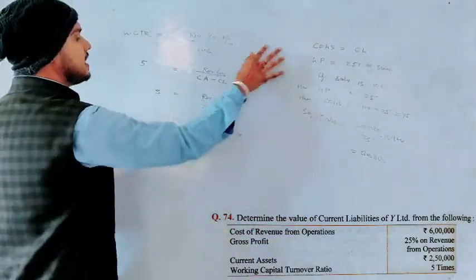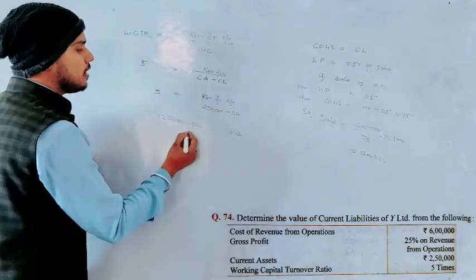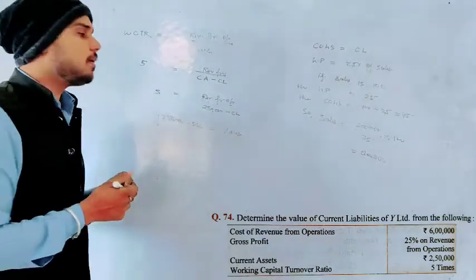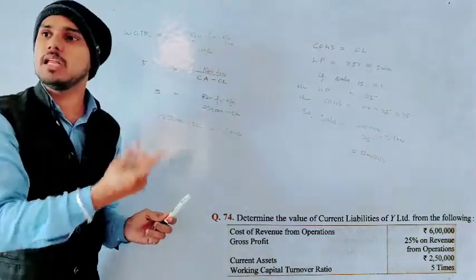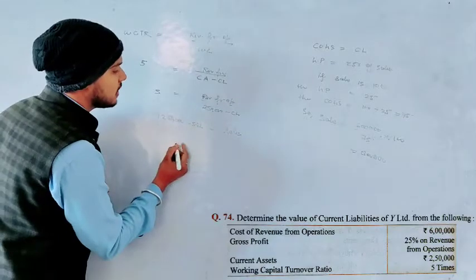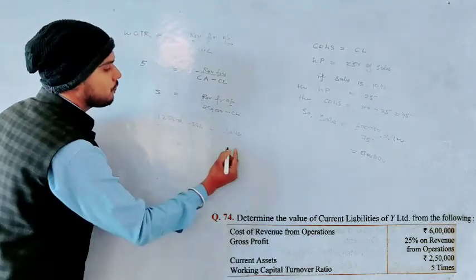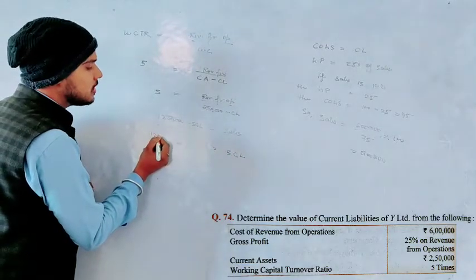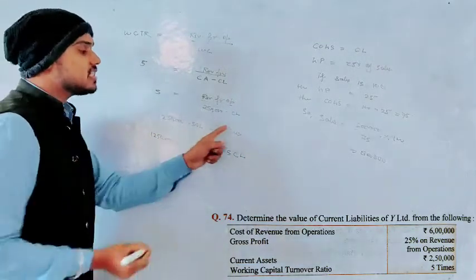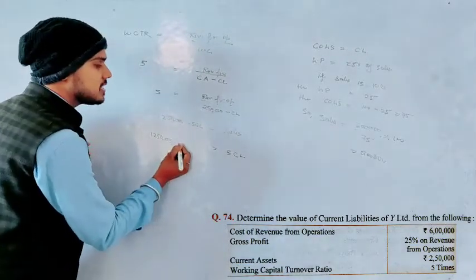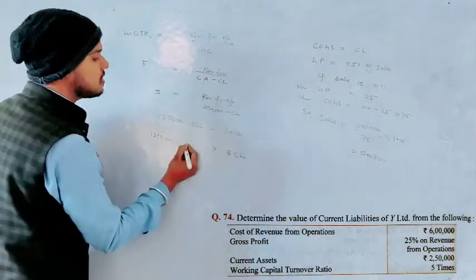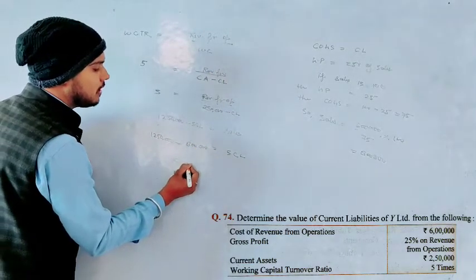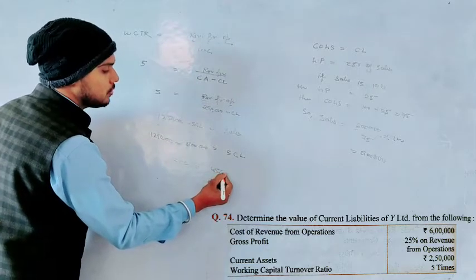Now we can write sales here. We know these things. If we transfer the 5 current liability from the minus side, it will be plus on the other side. So we can write 5 current liability equals 12,50,000, and the sale is transferred to the other side as minus sales, and sales is 8 lakh, as we calculated. So 5 current liability is 4,50,000.